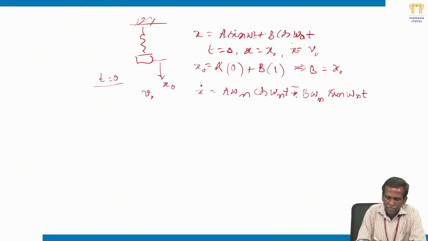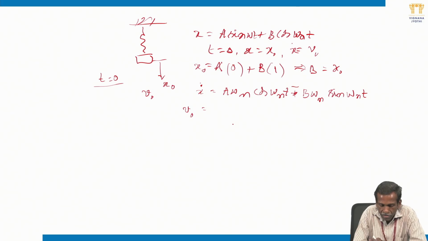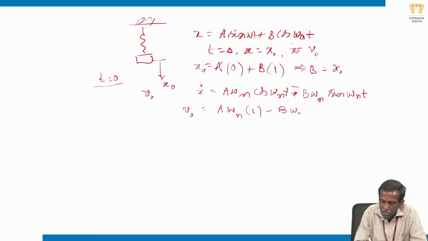Now v naught means initial time, that is at starting t is 0, then velocity is v naught, as we have used that v naught is our initial velocity. Then it becomes a omega n cos omega n t, which with t equal to 0 becomes 1, minus b omega n sin omega n t, which becomes 0. So from this you can see that a is v naught by omega n, and b is x naught.